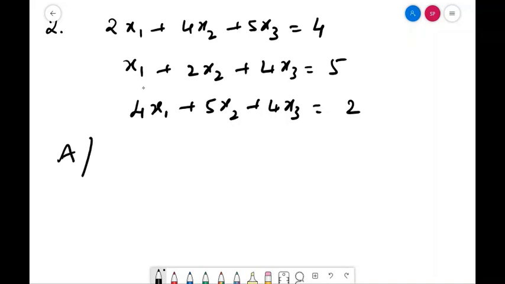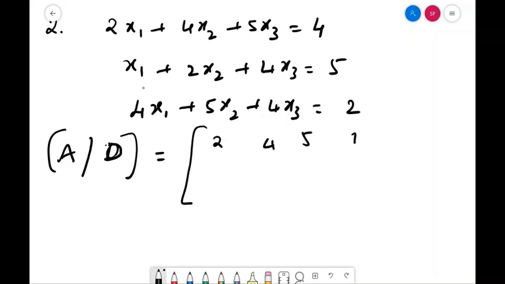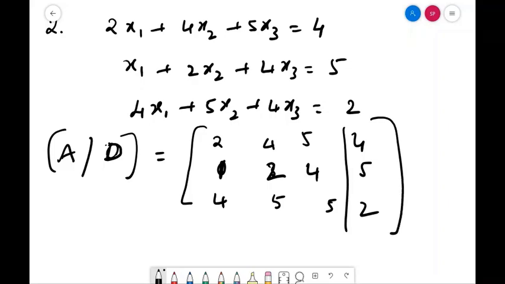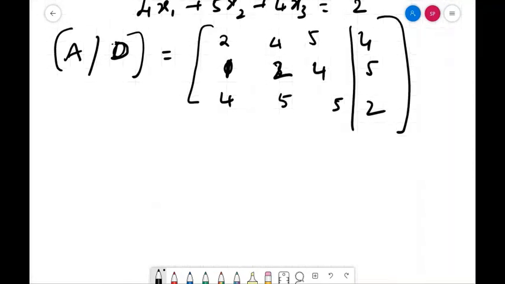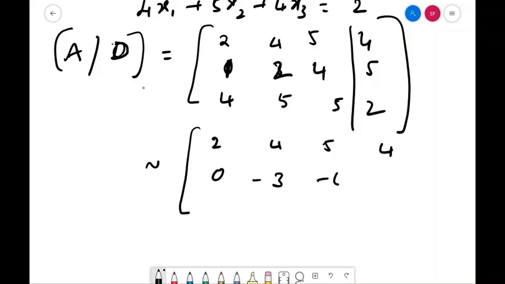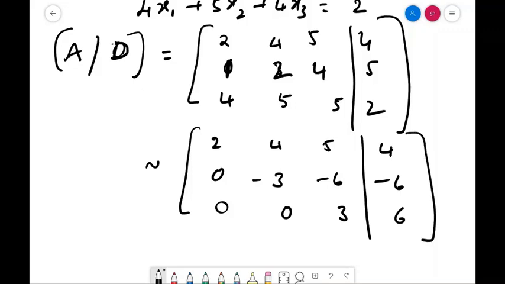Then the augmented matrix is 2, 4, 5, 4; 1, 2, 4, 5; and 4, 5, 4, 2. This is the same matrix we used earlier when reducing to echelon form, and we got its echelon form as 2, 4, 5, 4; 0, 3, minus 3, minus 6; and 0, 0, 3, 6.